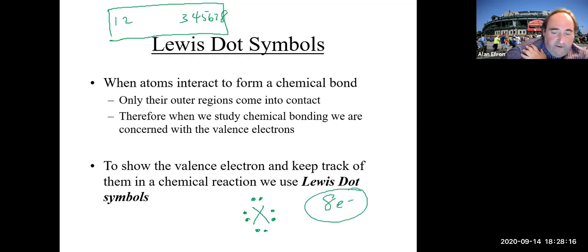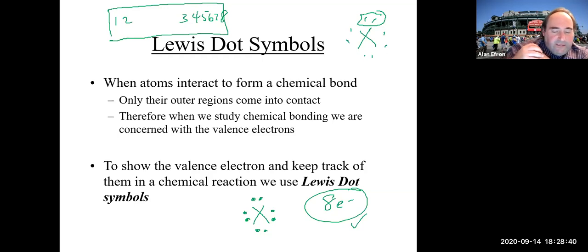And 8 is a very important number in terms of bonding. It is what is known as the octet rule, and we'll see more about that a little bit later on. But for the most part, most people go around and then go back and pair up. Doesn't really matter, to be honest with you. The only major rule is no more than 2 per side when you put those dots.